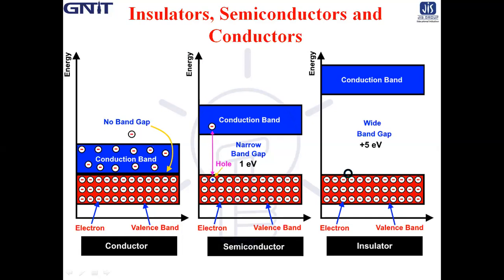The width of the forbidden region is called the band gap energy, whose value is actually 2.5 to 5 or 6 electron volt, or on average 5 electron volt. So this is the last picture depicted in this figure.